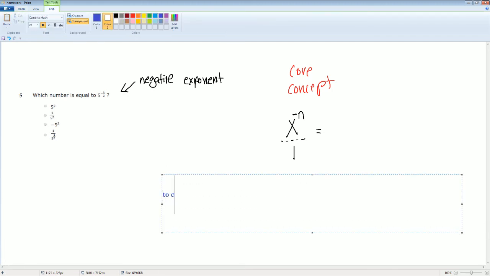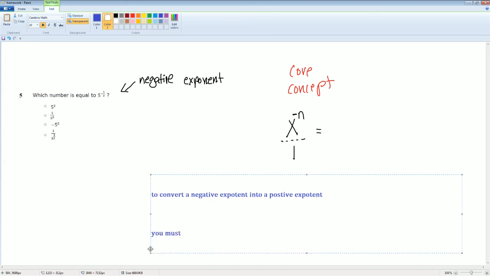To convert a negative exponent into a positive exponent, you must flip the variable to the other side of the fraction.